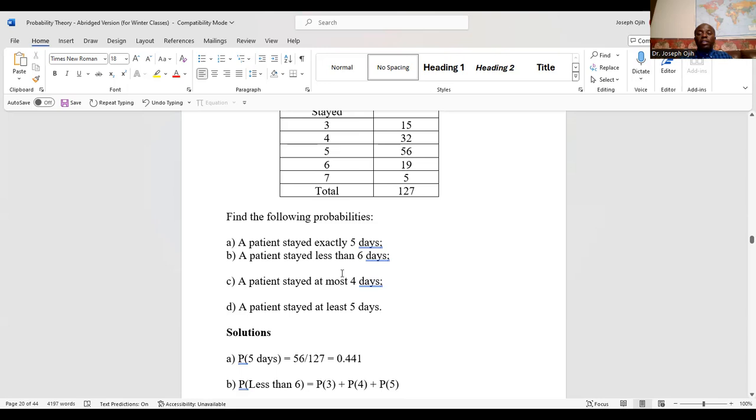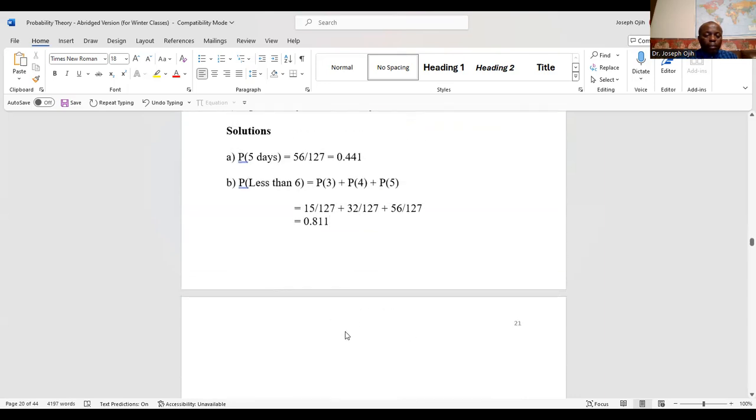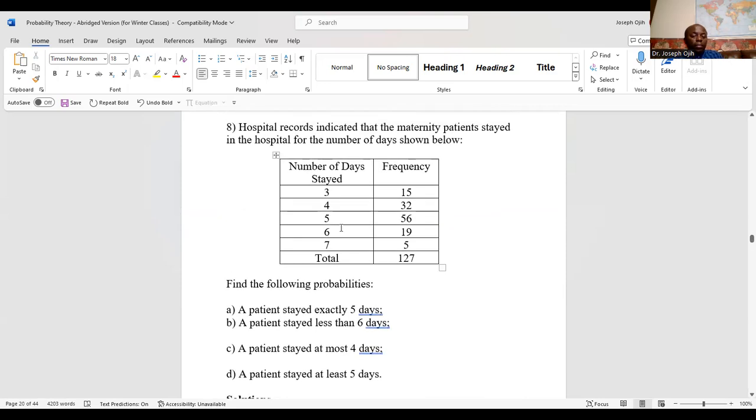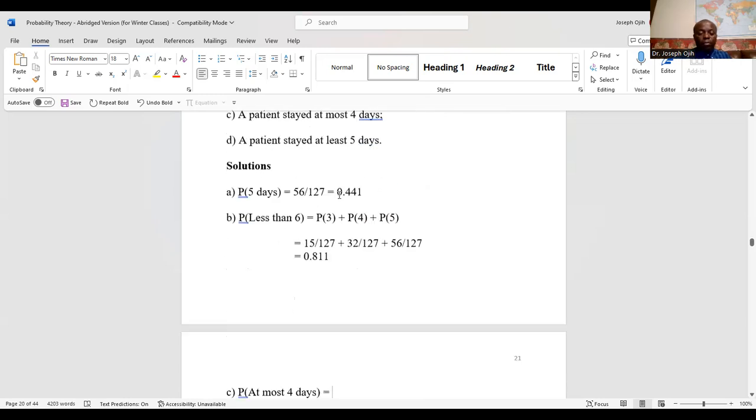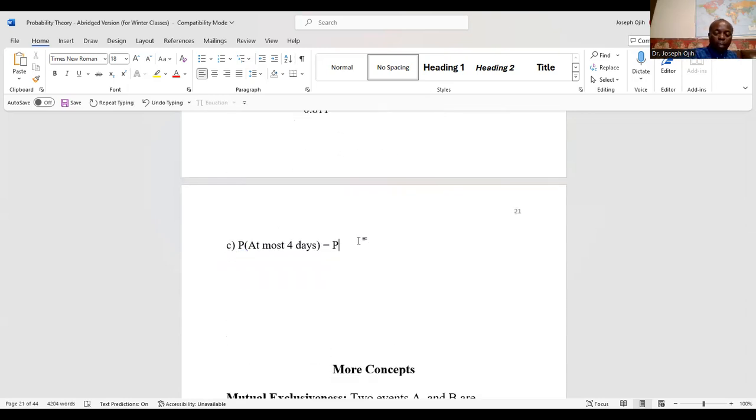That's part C. At most 4 days means 4 days or less. So it's P of 3 plus P of 4.